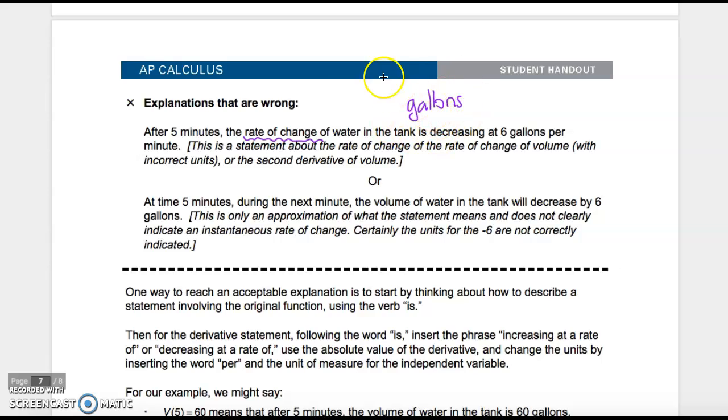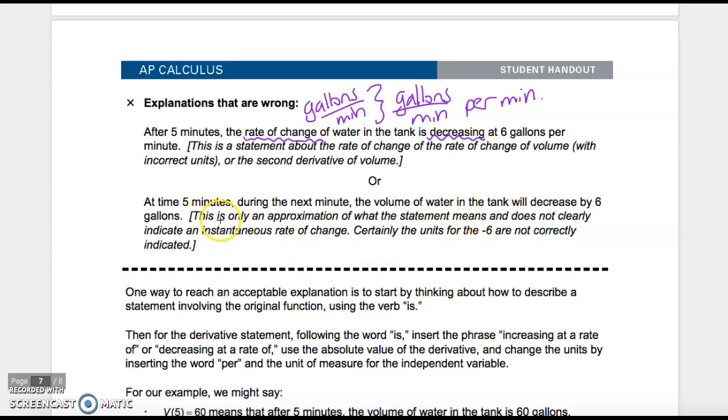That's not a rate already. And so they tell you that the rate of change is decreasing. That would be implying that there were gallons per something already, and then now that is changing. So then that's talking about gallons per minute per minute. And so that's not talking about your first derivative. That's going a step further, okay? So that's why that one's wrong.